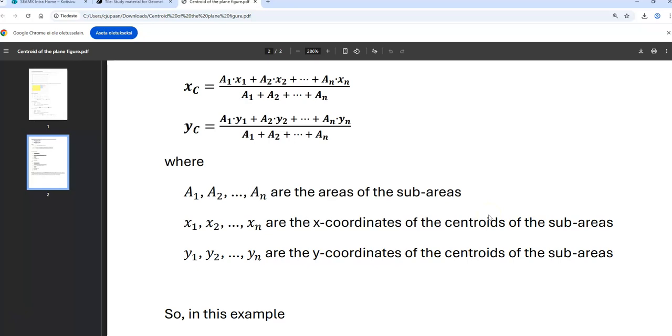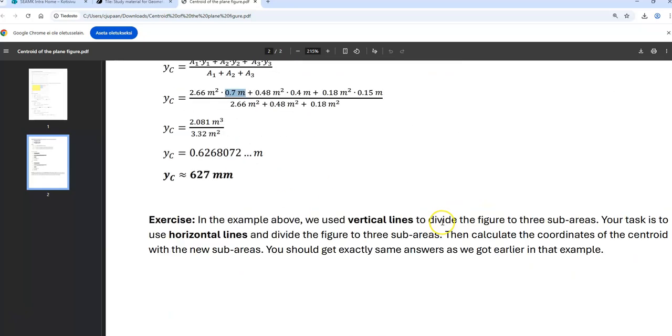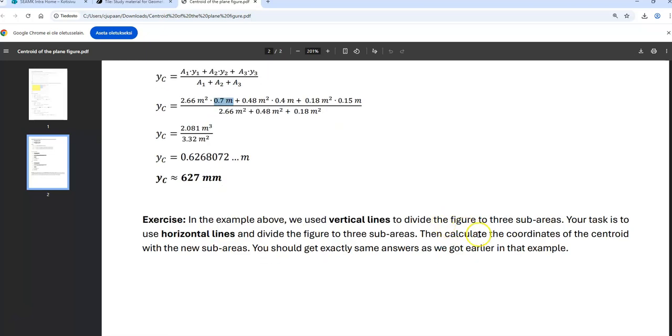There I have the exercise written. One good way to check if you have learned how to find the centroid point of the figure is to do this not with the same method, but a different method. As I told, it is possible to do this in many ways.